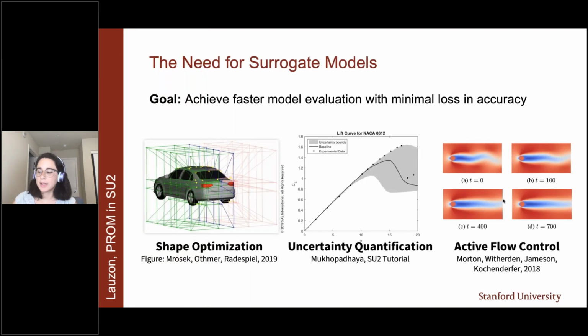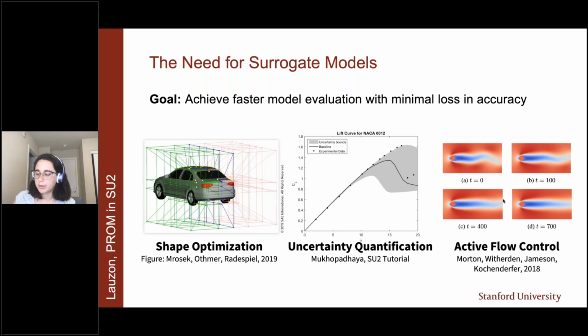In general, there is a need for surrogate models that are fast and still accurate. For example, in shape optimization, a surrogate model can greatly reduce the computational cost of the optimization loop while still retaining a high level of accuracy. For uncertainty quantification analysis, a surrogate model would be similarly useful. And in flow control, they may be useful to facilitate controller design or in a real-time feedback loop.